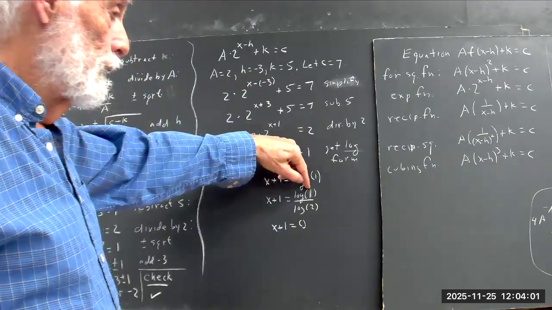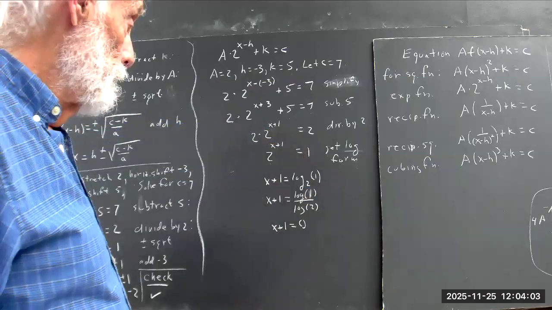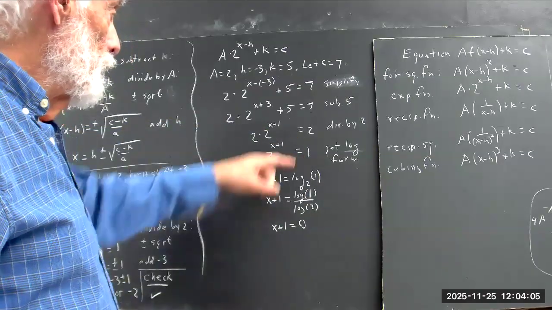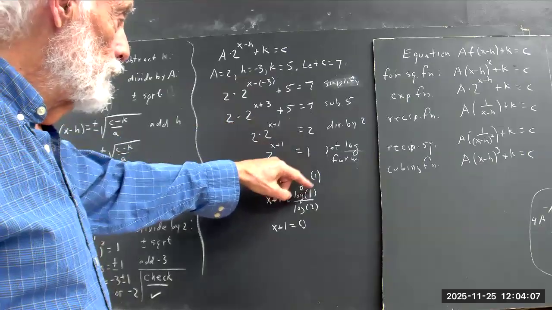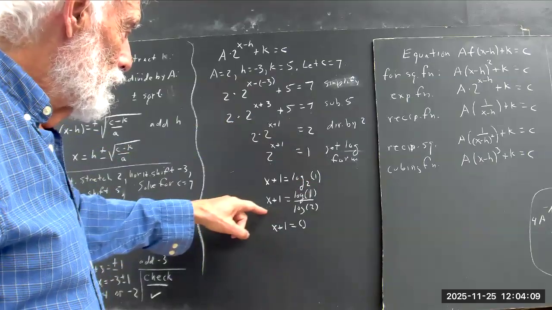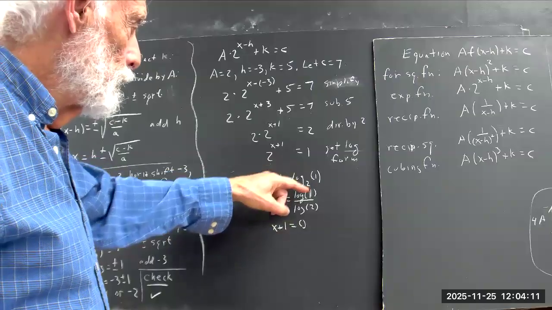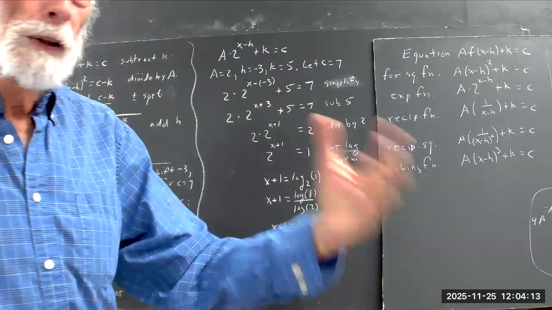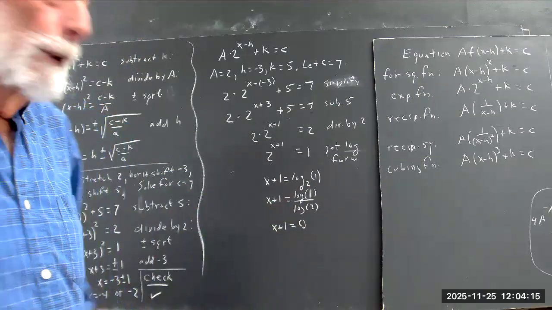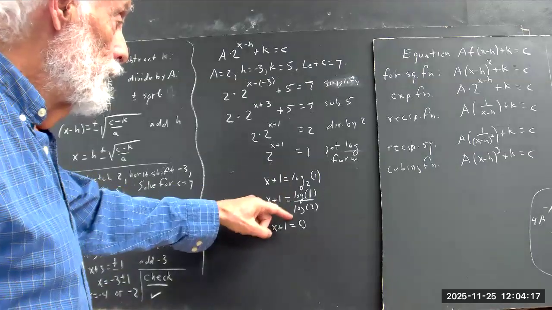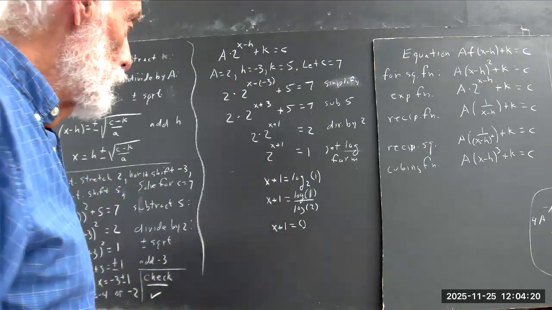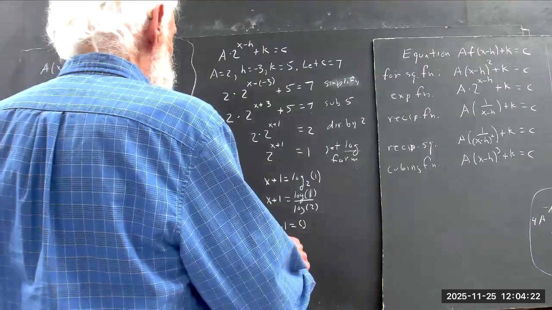We know the log of 1 is 0 for any log function. But if we had a 3 here, then we'd have log base 2 of 3. And the solution would be log of 3 over log of 2. And you'd have to plug that into your calculator. Okay. But once we get it down to here, if you just know the rules for logs, you get it easily.